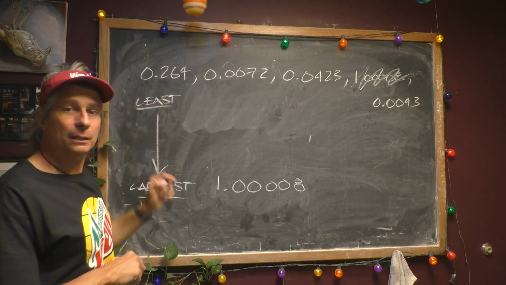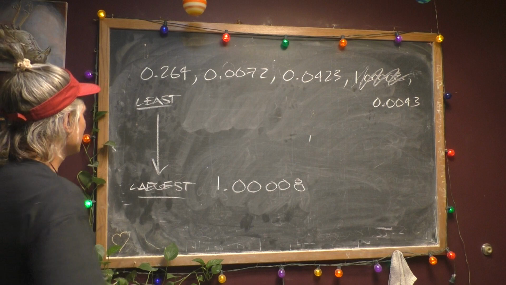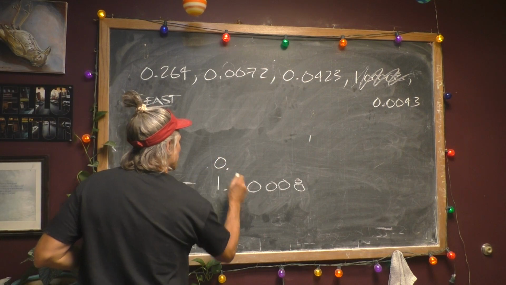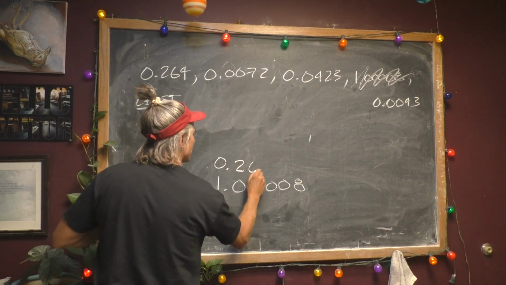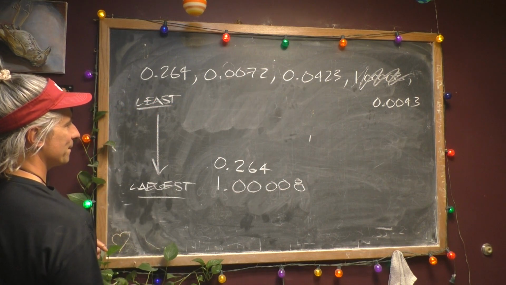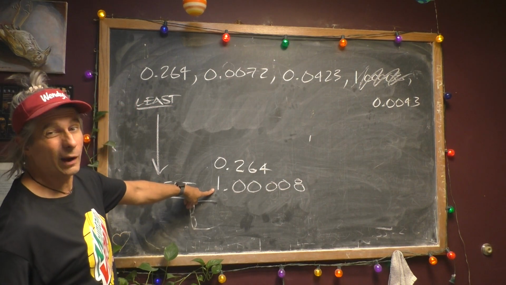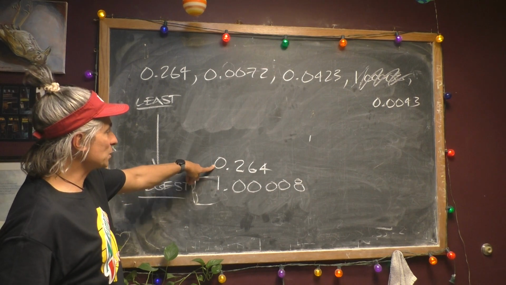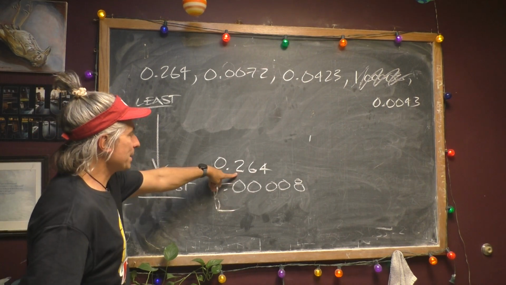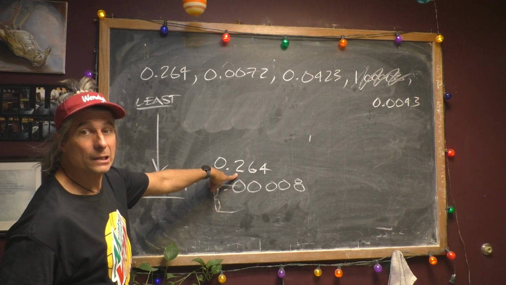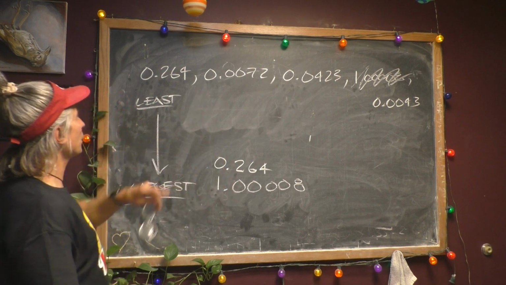That makes it the next largest number, so I'm going to put 0.264 here. This one's definitely the largest because it has the 1 in the units place, but this one is next largest because it has a non-zero tenths place, unlike the other 3.